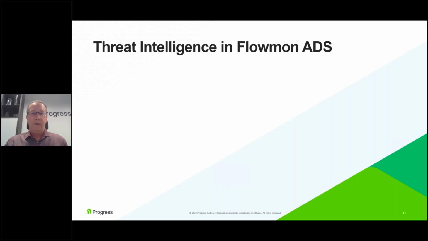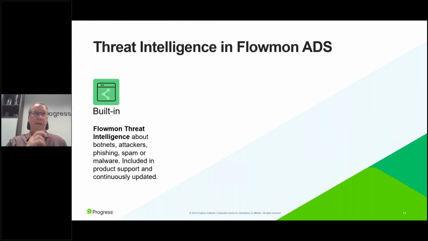So what are the threat intelligence sources in more detail? The Flowmon origin threat intelligence sources cover botnets, attackers, phishing sources, and malware sources, and these are continuously provided and updated by us. It's basically part of the support for the product.